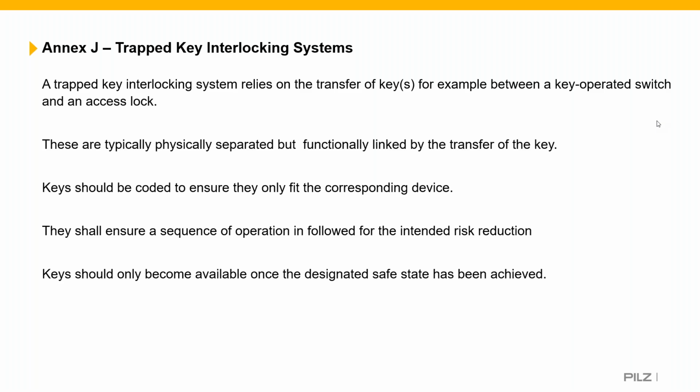The keys need to be coded to ensure that they only fit the corresponding device. As we said, there is a sequence of operation that is followed to ensure that we get the intended risk reductions. And keys should only be available once we've got the designated safe state. So we've switched off the power, we've dissipated any remaining energy sources, etc.